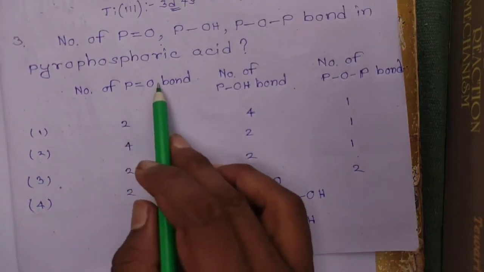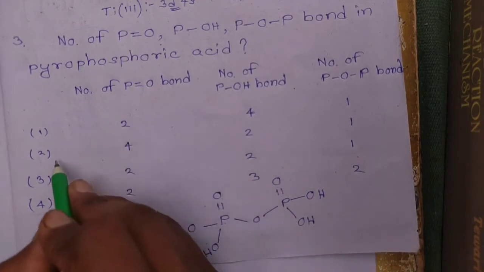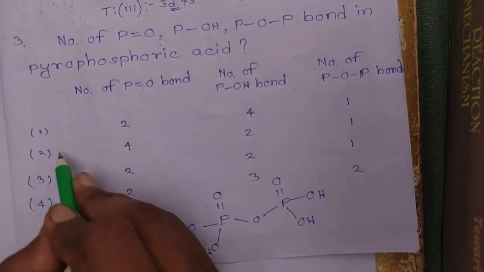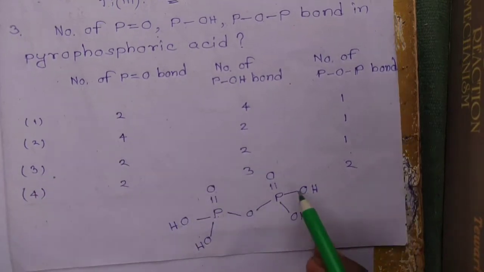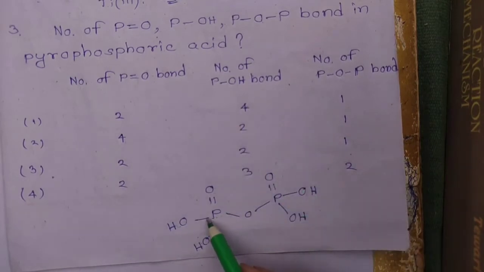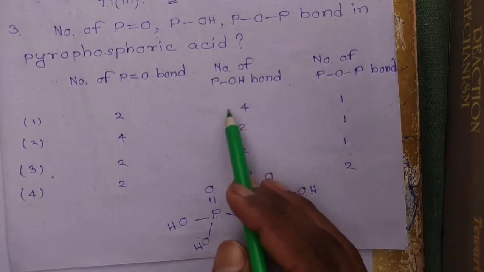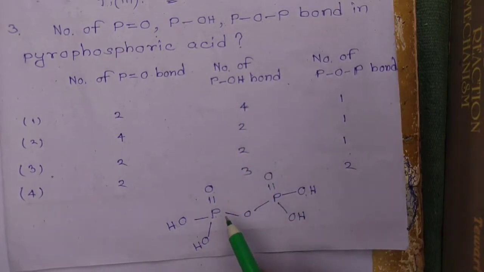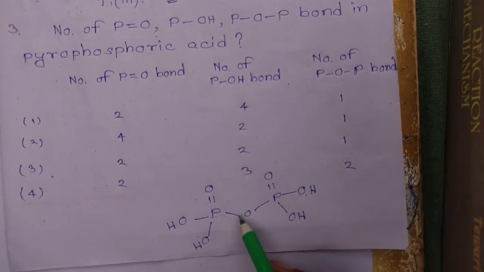So phosphorus double bond oxygen here contains only 2, so we can neglect this option because it contains 4. So phosphorus oxygen double bond is 2. The number of phosphorus OH bonds is 1, 2, 3 and 4. So we have 4 phosphorus OH bonds, and the phosphorus oxygen phosphorus bond is just 1.